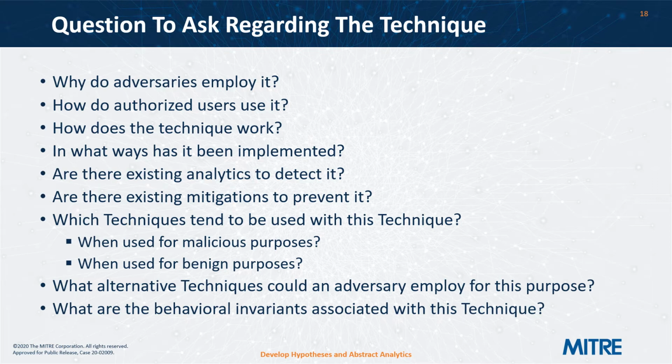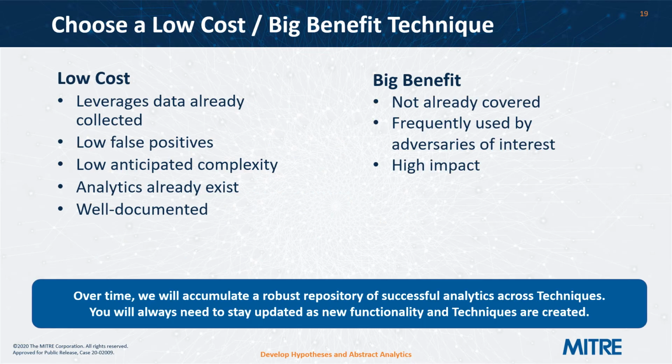Finally, we've talked about seeking and focusing on the behavioral invariants associated with these techniques. This provides a more robust analytic approach. As we've discussed, in practice, you might want to consider a set of techniques together, but in this course, we'll focus on one at a time.